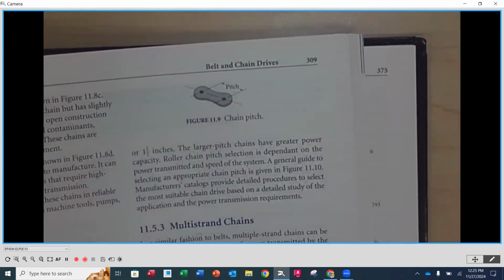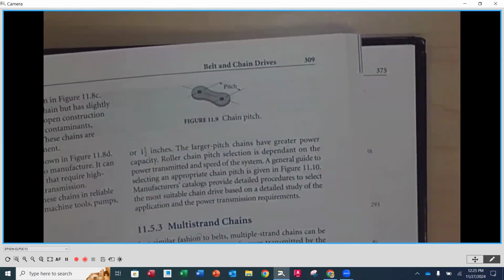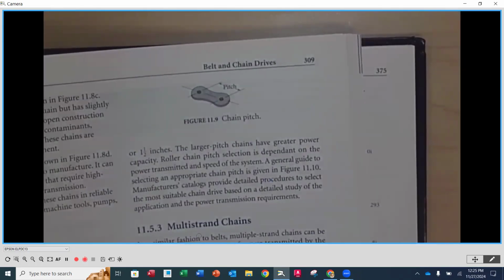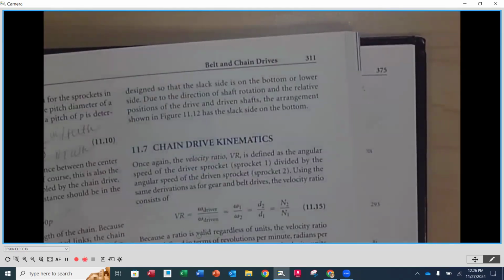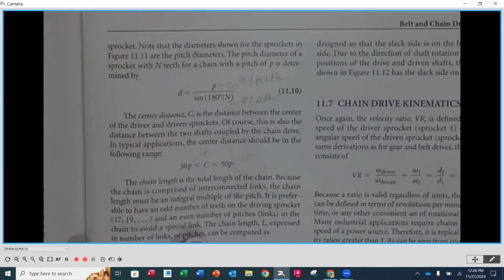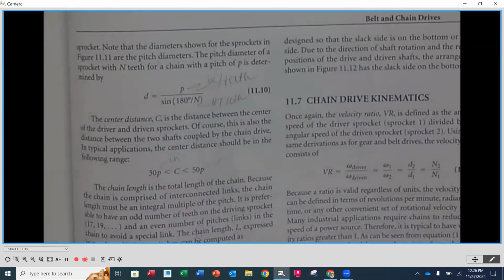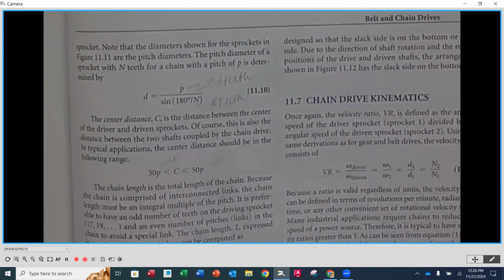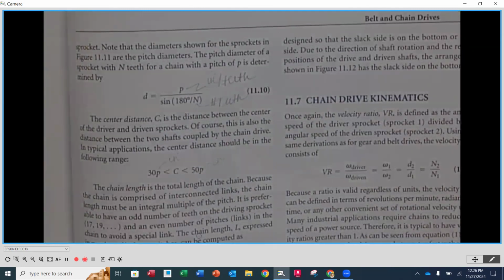Okay, so it's still going to be the same units as we had when we were looking at pitch for gears, so inches per tooth. So those would be the units for pitch on our sprocket. And then we're going to divide by sine times 180 divided by the number of teeth. So in this case, our units end up being inches, and we'll look at that when we do our equation sheet. Once we get done with this, I want to go through things and then we'll create our equation sheet. And then we'll do an example.